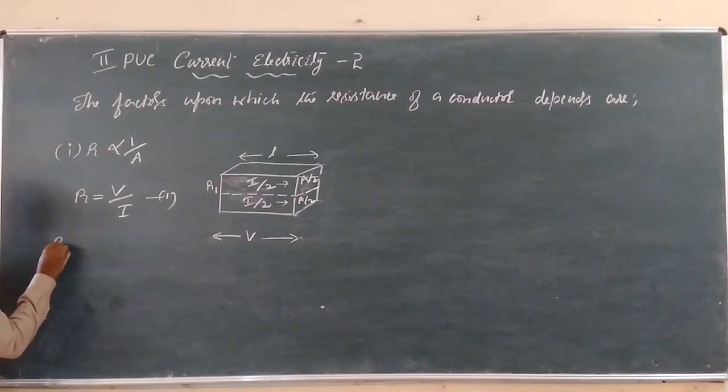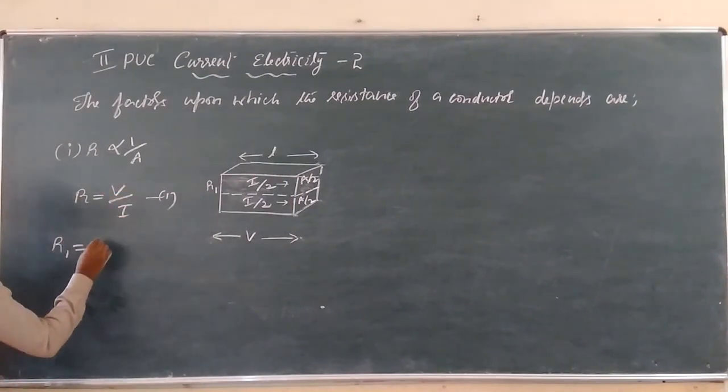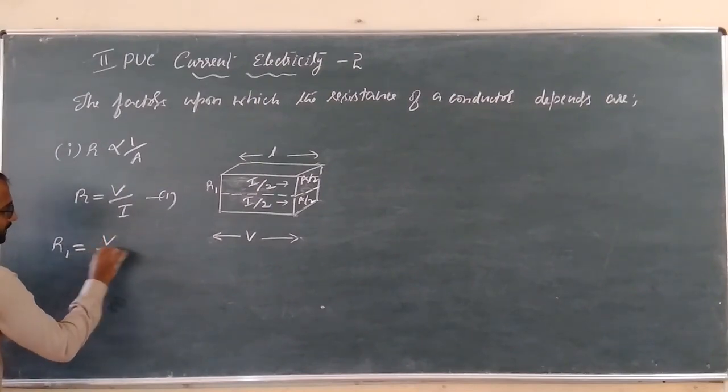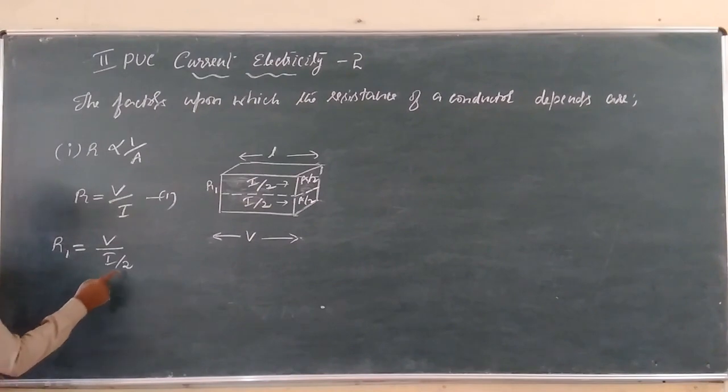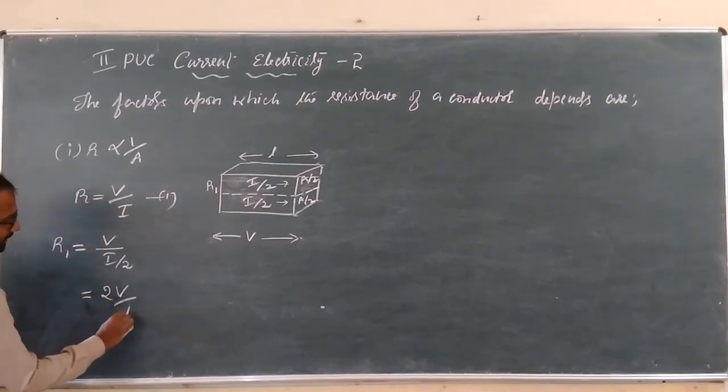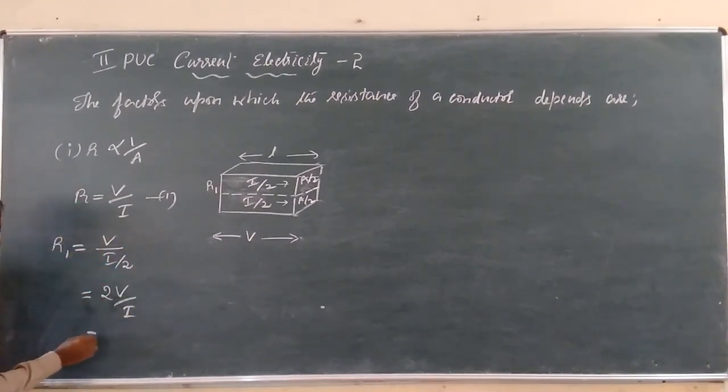Therefore the resistance of each part of the conductor, R1, is: the potential difference is V, but the current is becoming half, right? So this is 2 times V by I, but V by I is R, so this is 2R.